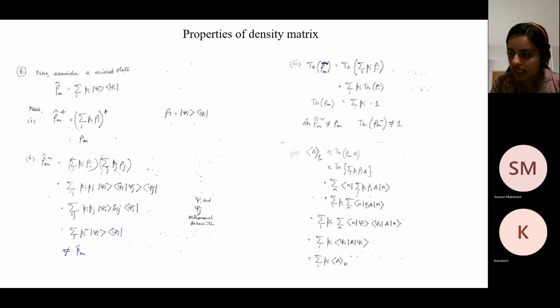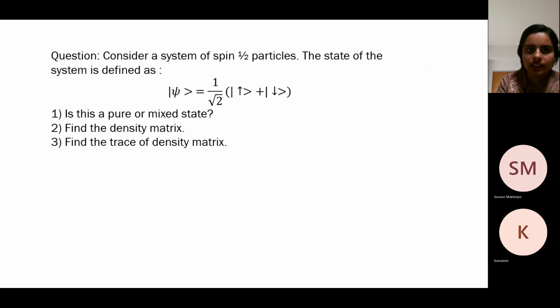Now consider that you have a system of spin half particles, and the state of the system is defined by this psi. This answers your question. You know your system is in this state. But that is actually a superposition of two states.